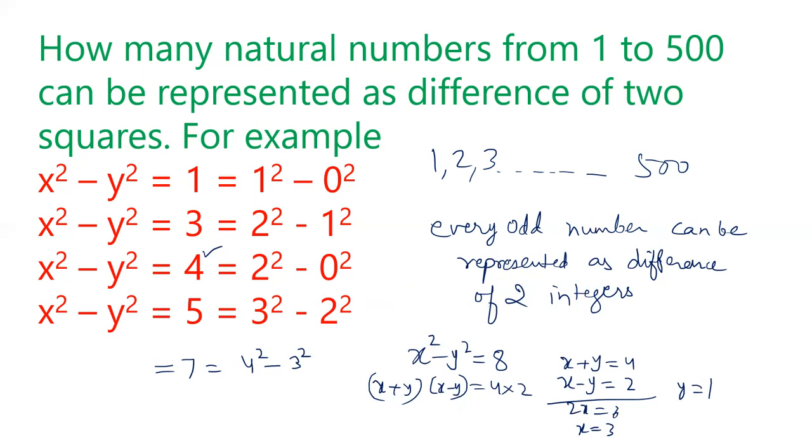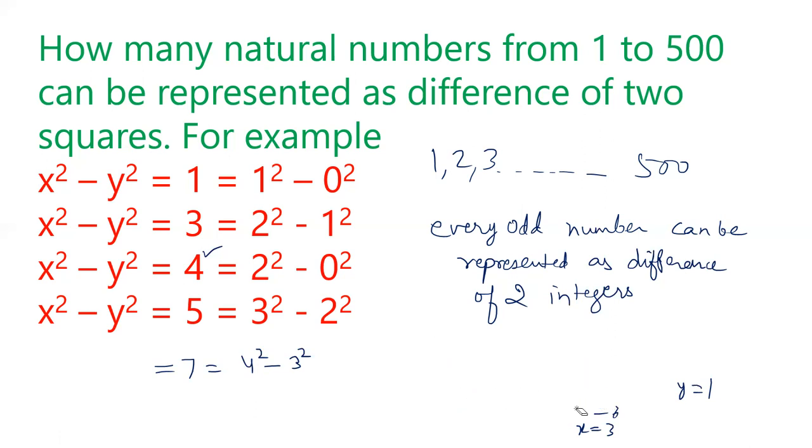One is, if the number is an odd number, it can always be represented as the difference of two integers. And if the number is a multiple of 4.